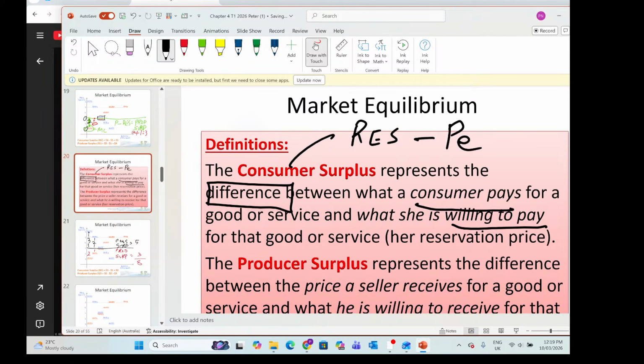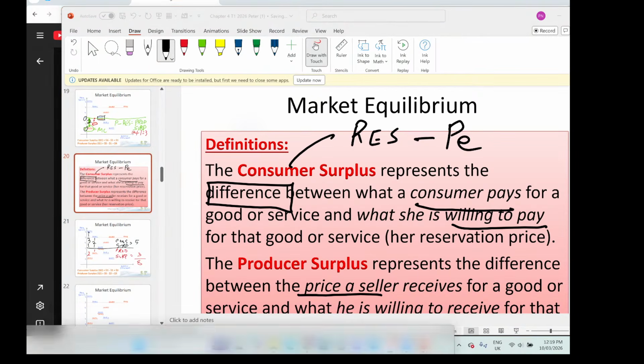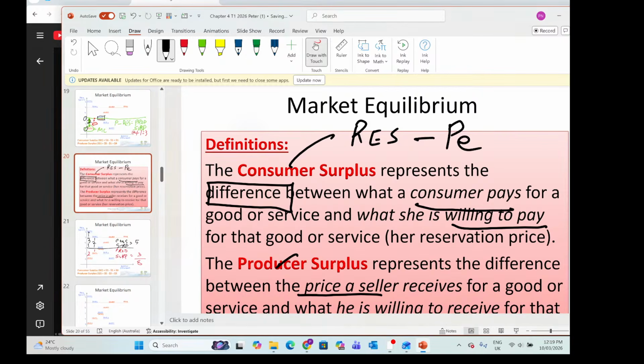And then for the producer surplus, it represents the difference between the price that the seller receives and what they are willing to receive. So how do we express this? We express it in the reverse of the consumer surplus. That's the equilibrium price minus the reservation price. So that's what we mean by consumer surplus and producer surplus.